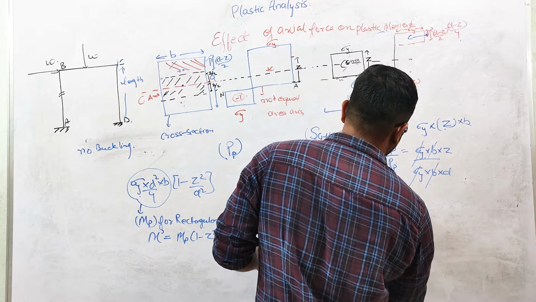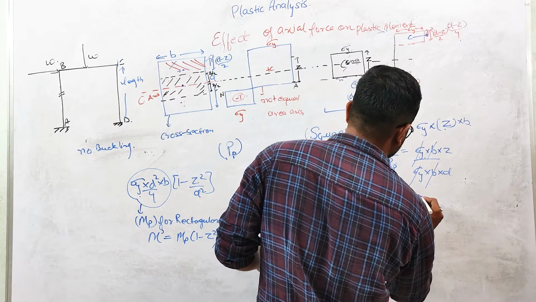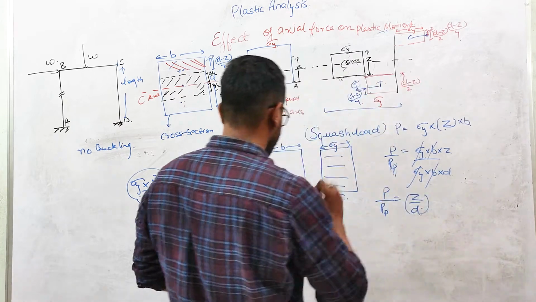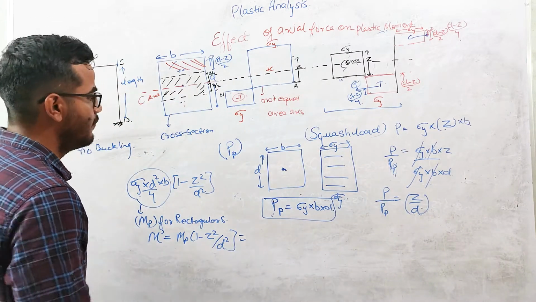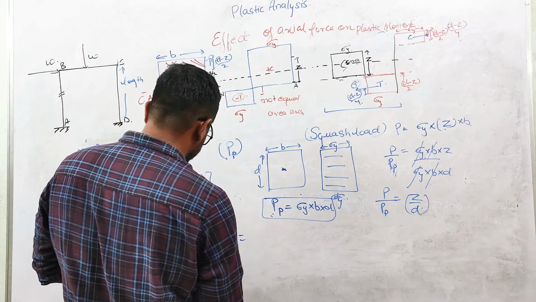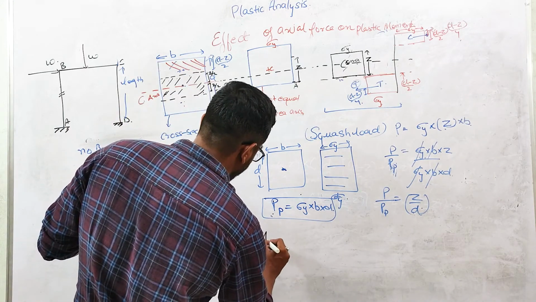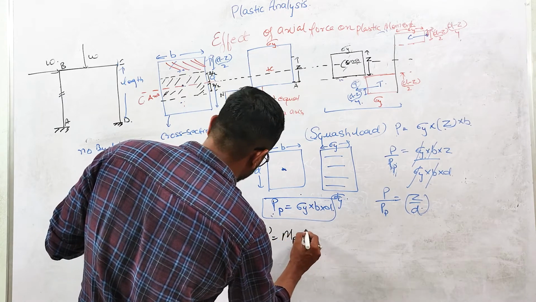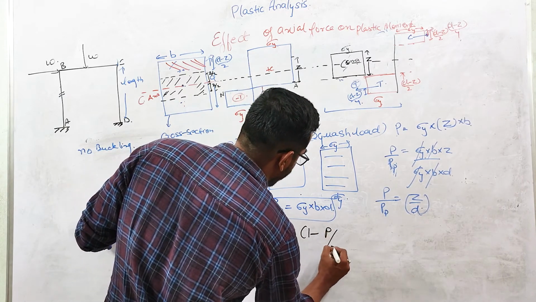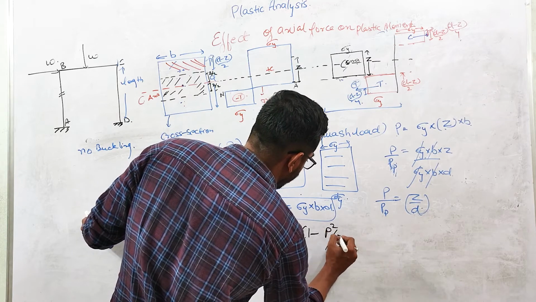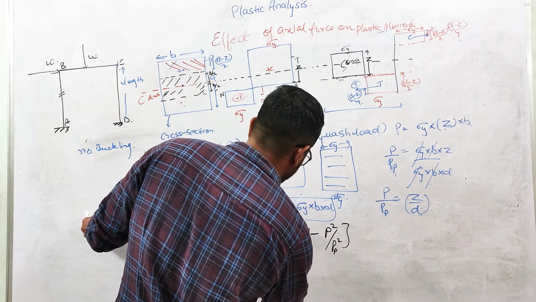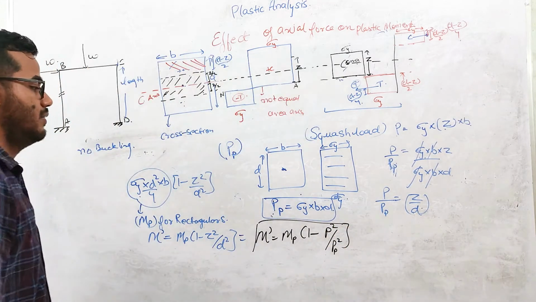So P over PP is equal to Z over D, right? So if you put this value in this formula, I can write M dash equals to MP into (1 minus (P over PP) square), right?